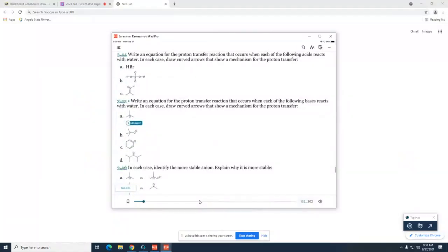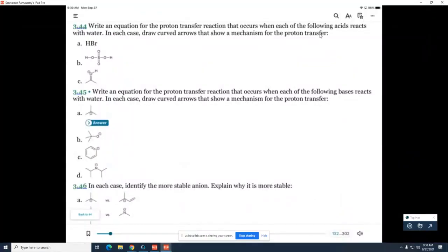Okay, a similar one, 3.45. I think it's very similar to 3.44, but they are bases, not acids. On the previous question, we had acids. Now we have bases.